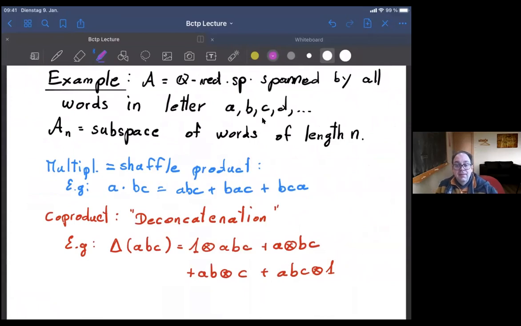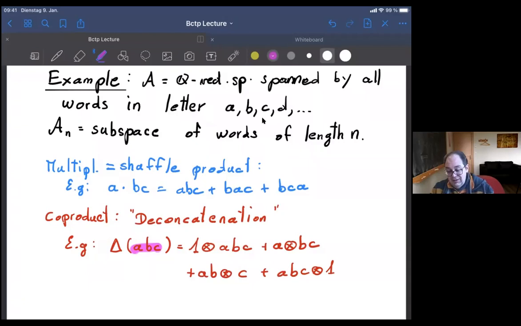Well, multiplication was shuffle: give me back all possible ways of shuffling the two decks. The co-product will be, I start from one deck, for example the deck of cards ABC, and give me back all possible pairs of breaking this deck into two decks.